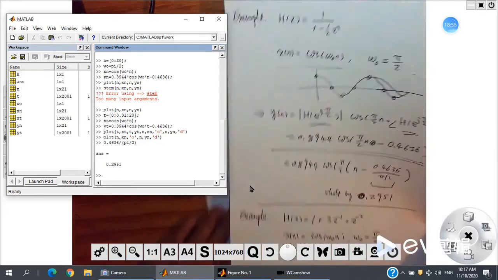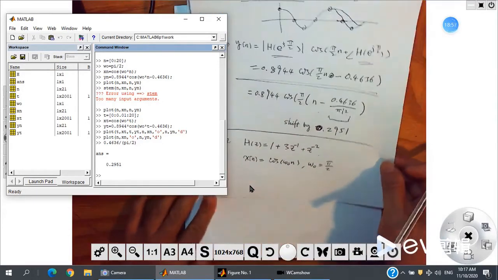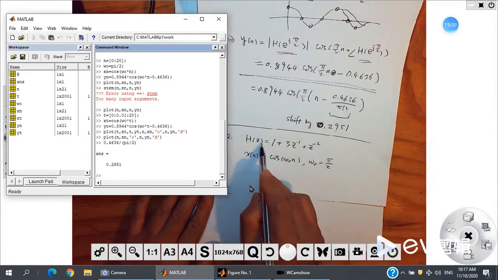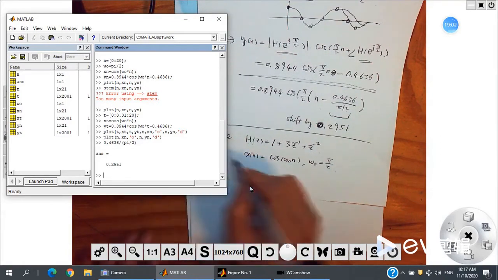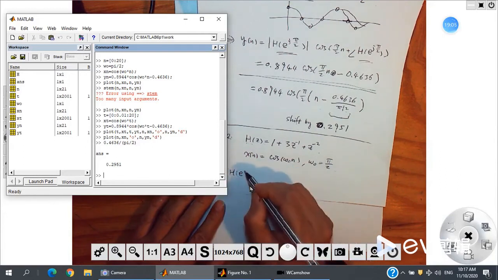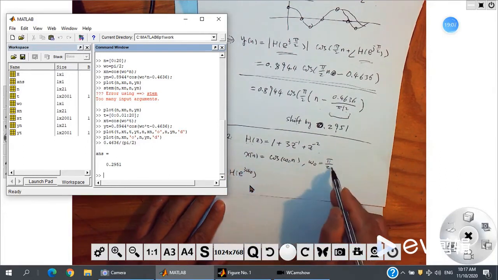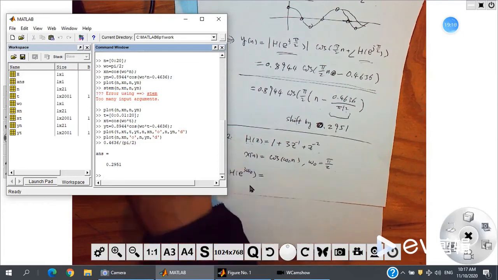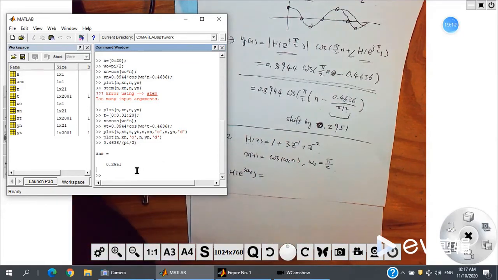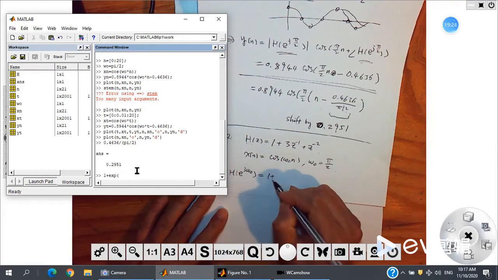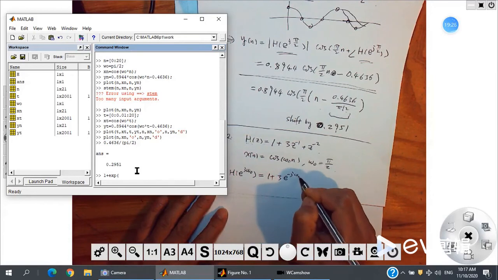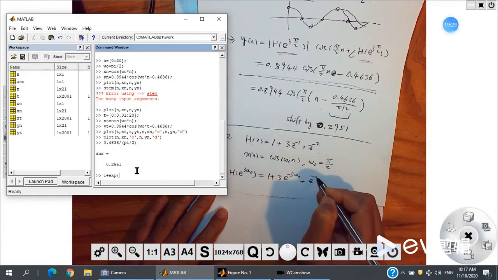Then on the output side, we know we need to calculate the magnitude and the phase of these two, right? So we have H of e to the j omega 0 equal to, alright, we can calculate it. It will be 1 plus 3 e to the negative j omega 0 plus e to the negative j 2 omega 0.